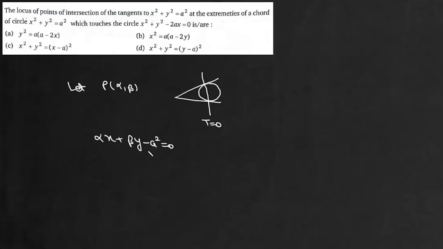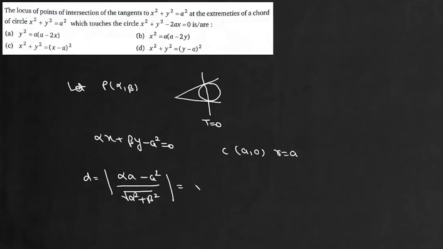That says this chord, it is tangent to this circle whose center is at (a, 0), and radius is a. So perpendicular distance from center must be equal to its radius. So we'll get alpha a minus a square upon under root of alpha square plus beta square, and they'll be equal to a.